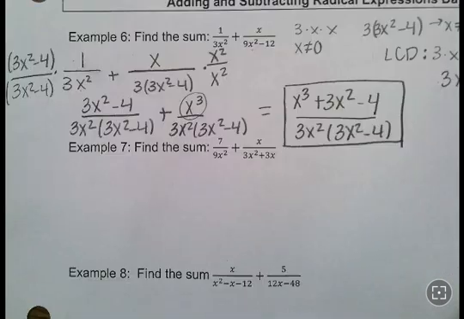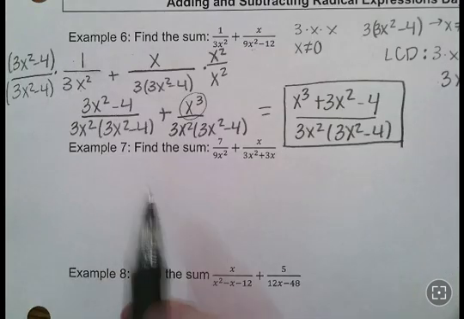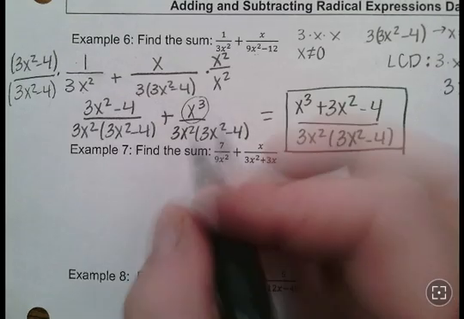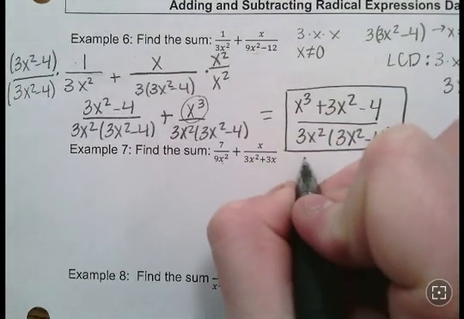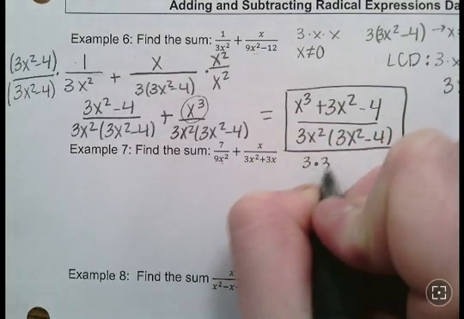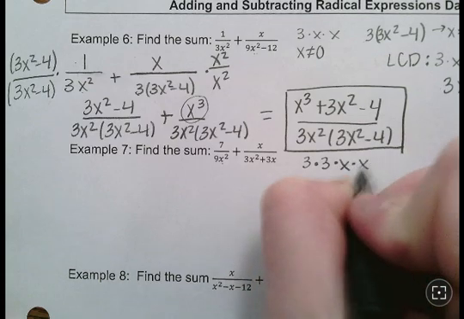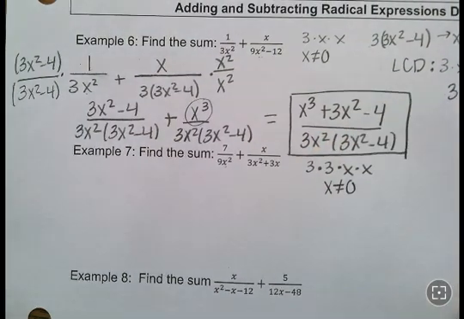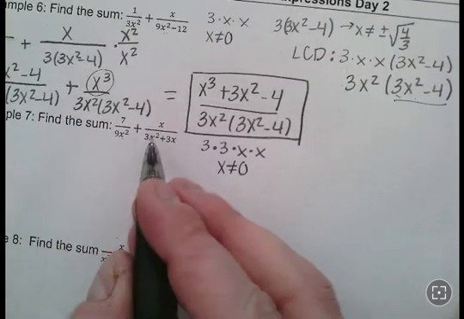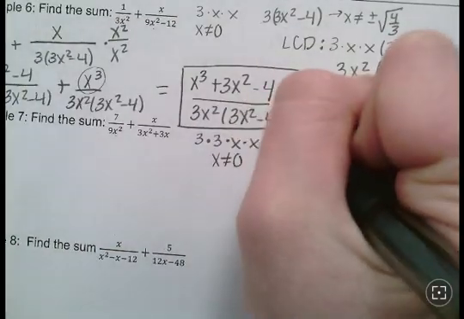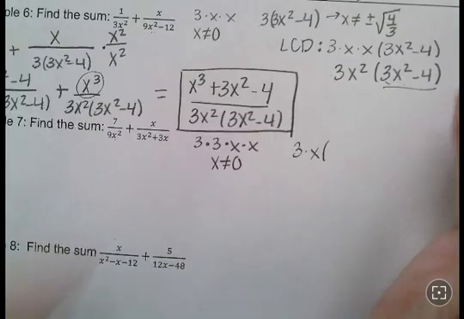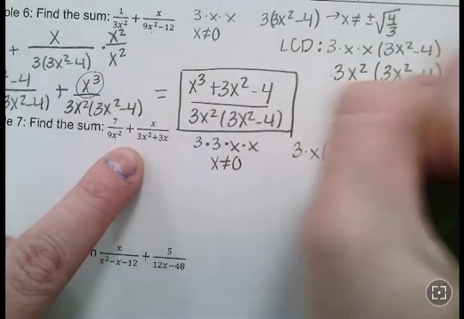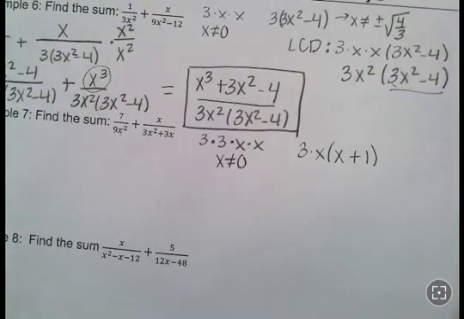Stellar. Example 7. Same thing here. Find the sum. The first thing we need to do is factor. 9x squared is 3 times 3 times x times x. So we have a restriction that x can't be 0 because that's a denominator. And then this one here, we can factor out a 3 and an x, and what's left over is an x plus 1.